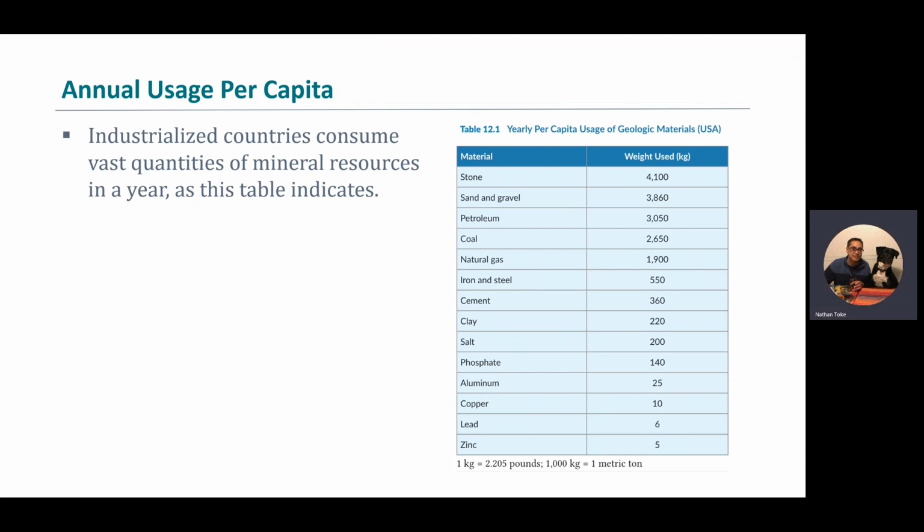So we use a lot of geological materials. First, let me say that all of the materials we use come from the planet Earth. Therefore, they are, by and large, produced by geological processes. Here is a little table from your book showing yearly per capita, per person, usage of geologic materials in the USA. Do you use 4,000 kilograms of stone every year?